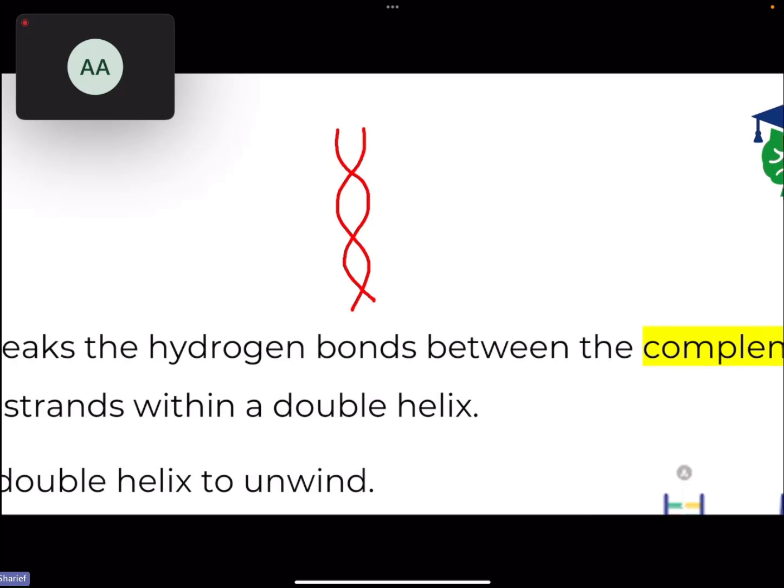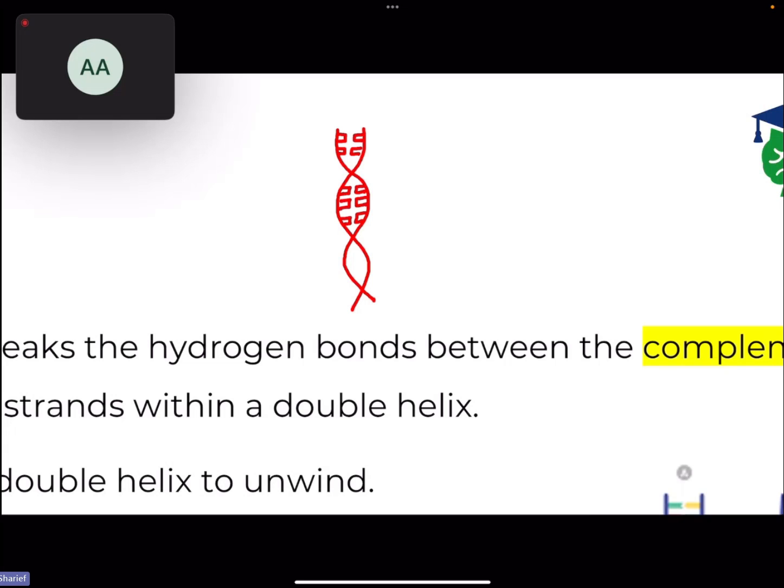Each strand contains base pairs, such as this. I've drawn them a bit bigger, but this is just to get an idea of what they are.